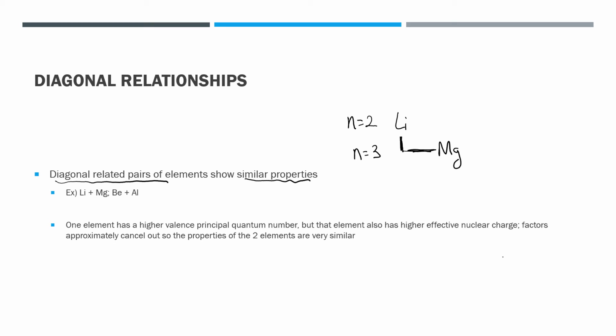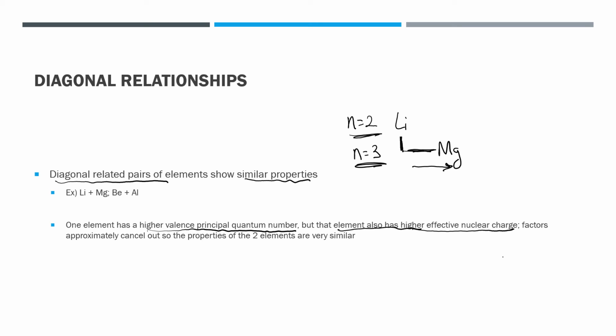These two opposing things kind of cancel each other out. One element has a higher valence principal quantum number: magnesium has n equals 3 versus n equals 2. But magnesium also has a higher effective nuclear charge because we're going to the right in the periodic table. So these two factors cancel each other out, and the properties of the two elements are very similar.